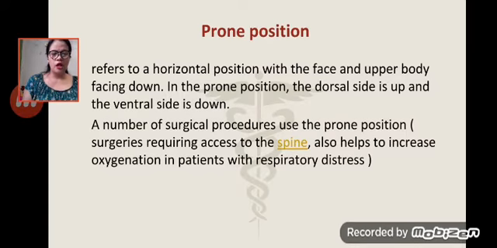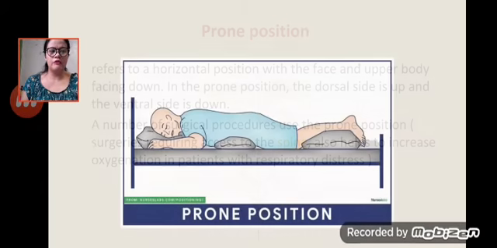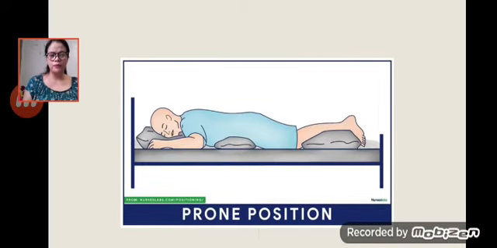Of course, if the patient will be requiring access to the spine. And another thing is this kind of position also helps to increase the oxygenation in patients suffering from respiratory distress. So here is the visual presentation of the prone.